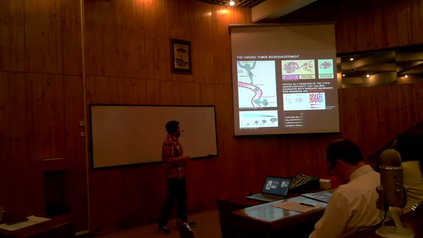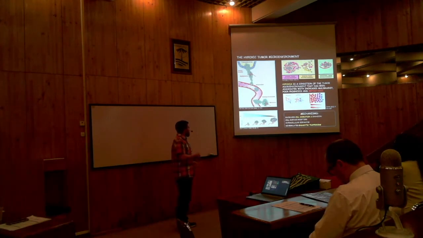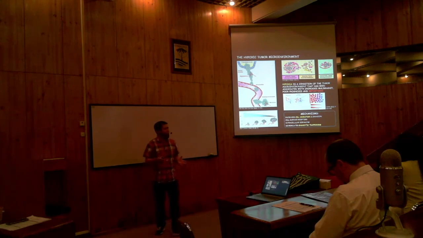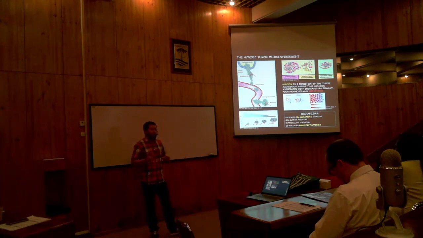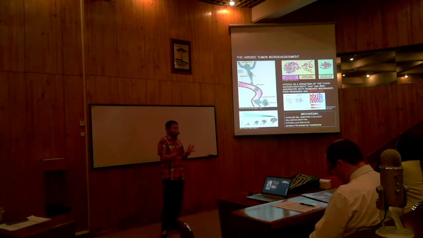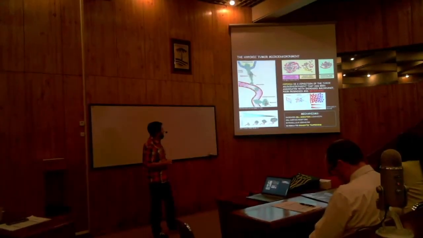This has been associated with increased cell migration and invasion, changes in cell surface receptors, changes in intracellular signaling, and there is a connection that has been established during the last decade between hypoxia and deregulated endocytic trafficking. So I'm now going to define a little bit about endocytic trafficking and its relationship with cancer.